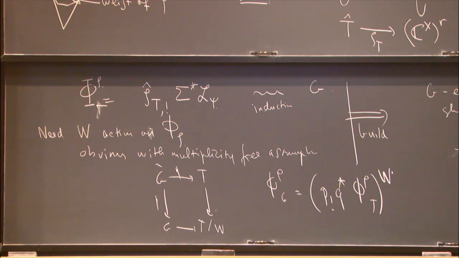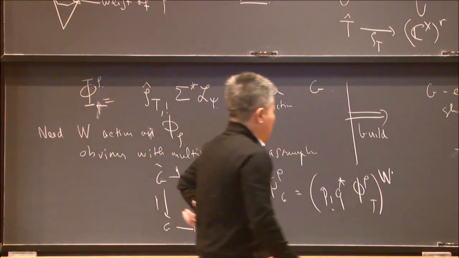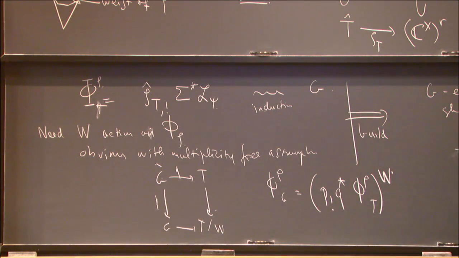Okay, so you basically need to know that this gives you the right answer. That means this kernel, when you act on matrix coefficients, should give you the right gamma factors, and that is something to be proven. It's non-trivial.